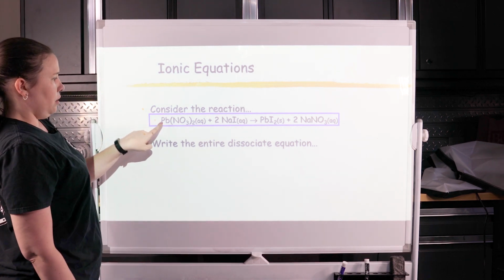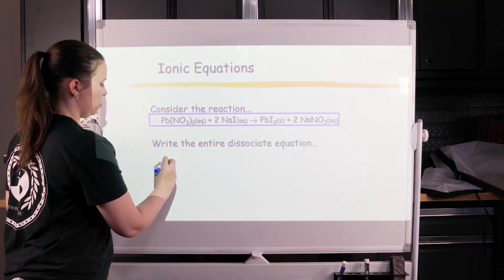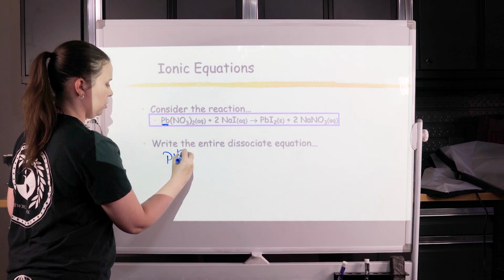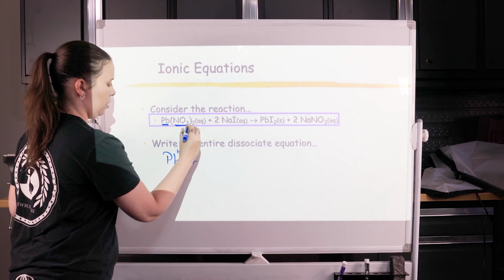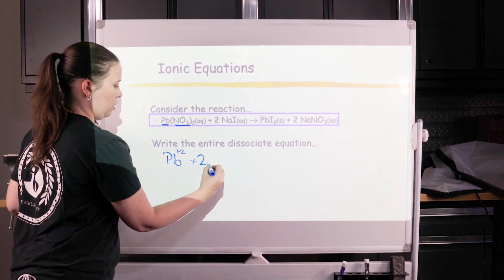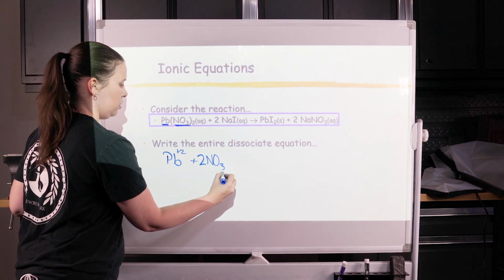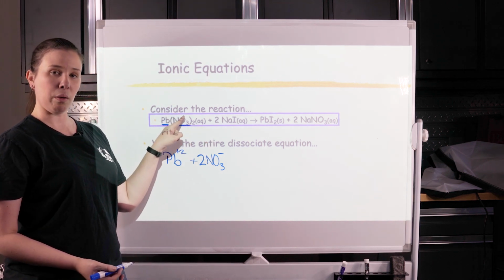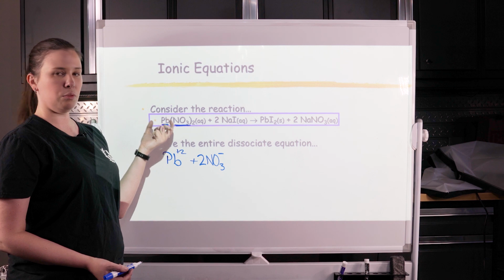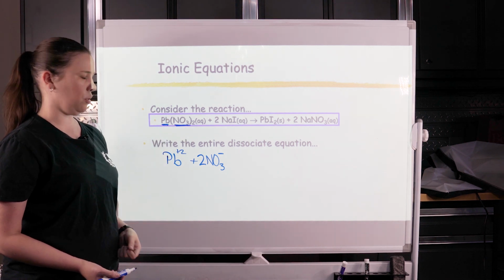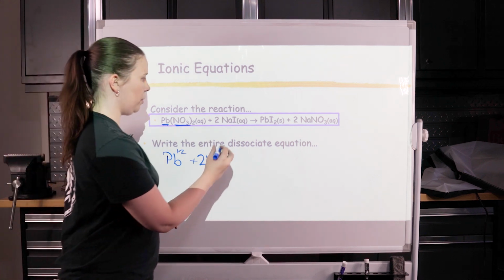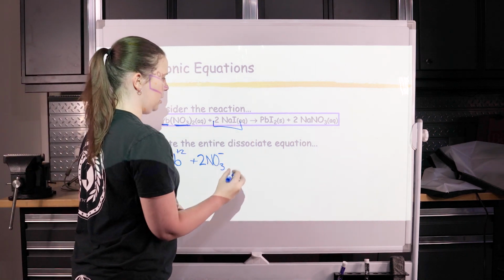So let's start at the beginning. Our lead nitrate. So lead, we broke up to have a +2 charge, and the nitrate breaks up as a set of 2 nitrate ions. Because it was ionic and aqueous, we know it breaks up, and we are able to determine the charges and write them as separate ions. Now I'm going to move on to the next compound, this 2NaI.